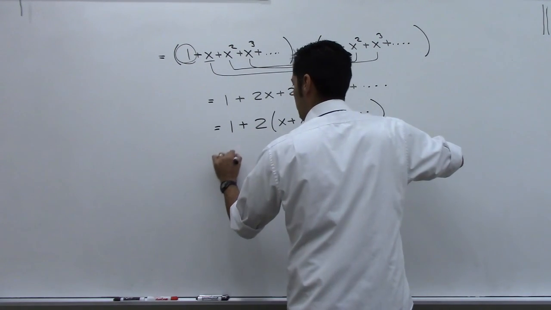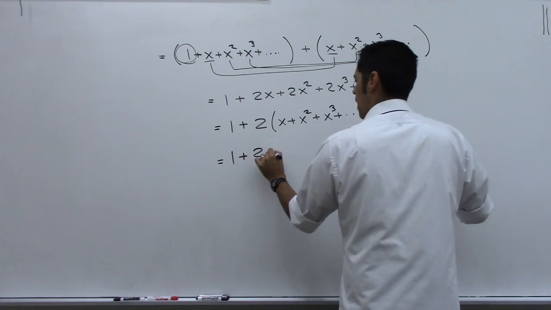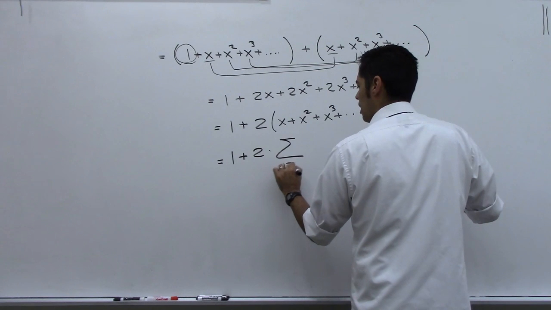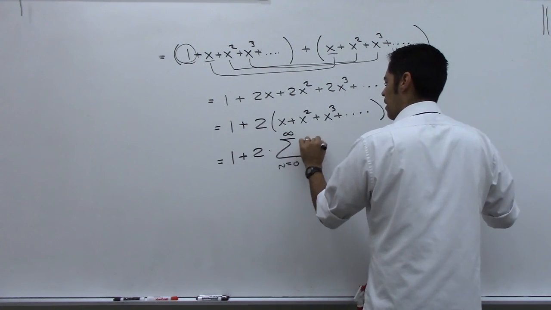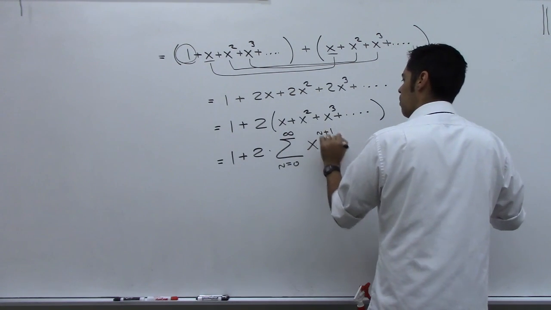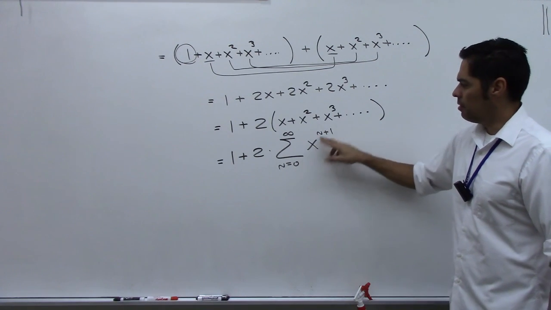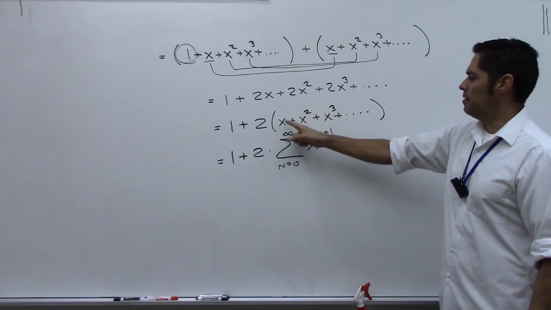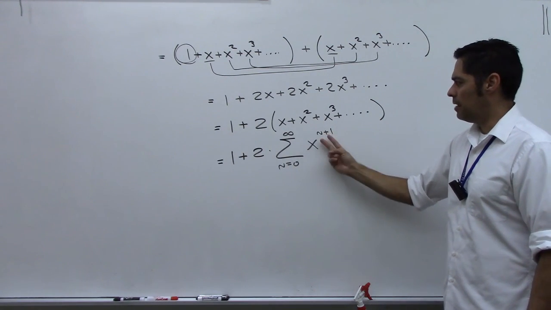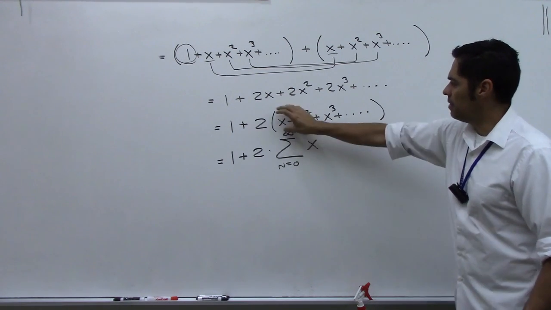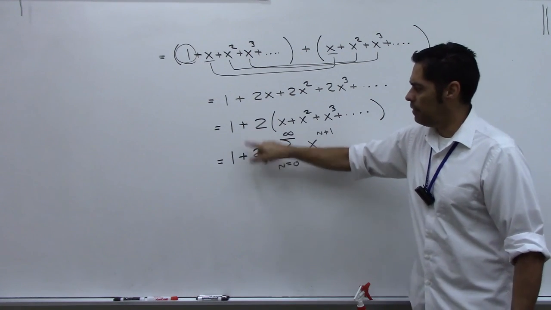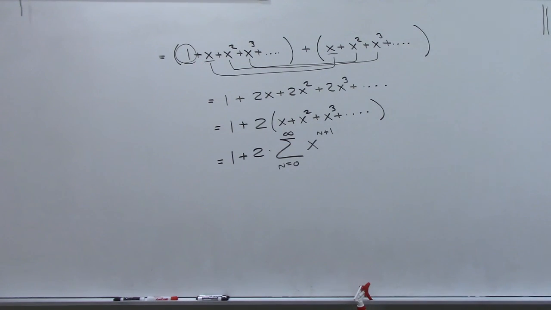Let's try and write that as a power series. That is sum n equals 0 to infinity of x to the n plus 1. So if I start out at 0, 0 goes in here, I get 1. So that gives me this, and then if I let n be 1, I get 2. So this creates this. I have a 2 out in front of it, and then in front of it a 1. And that should be it.